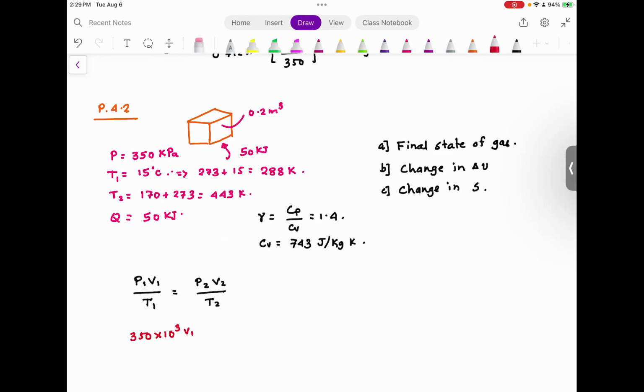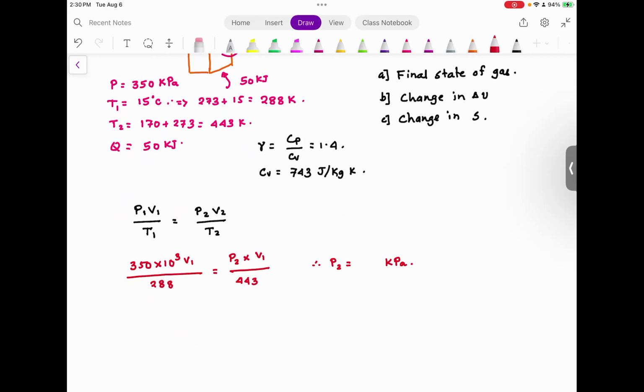Initial volume is 0.2. Initial temperature is 288. P2 is something that we have to find out. The final volume is the same as the initial volume. The temperature is 443. Solve this equation and you'll be able to get the value of pressure in kPa.